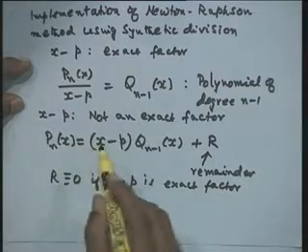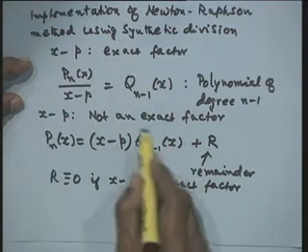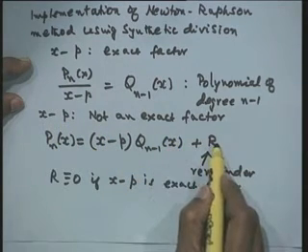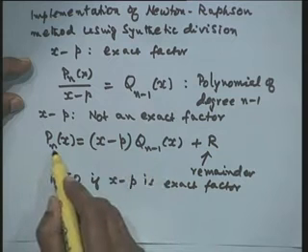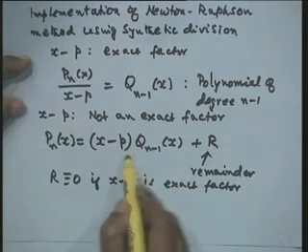If you look at the starting point, Pn(x) is equal to (x minus p) times q_{n-1}(x) plus r; if I put x equal to the approximation pk, this term goes off and I will get r. Therefore, Pn at pk is equal to r.